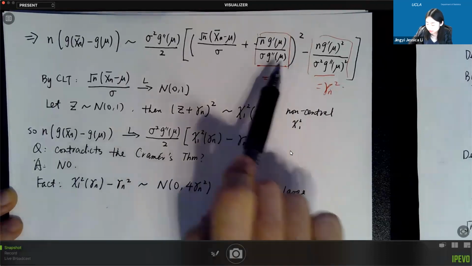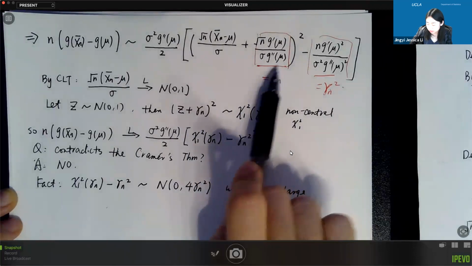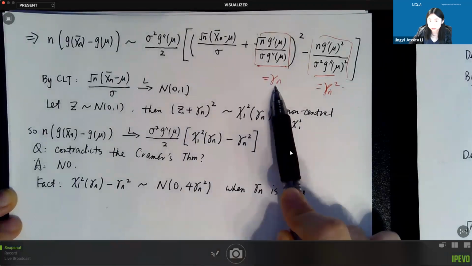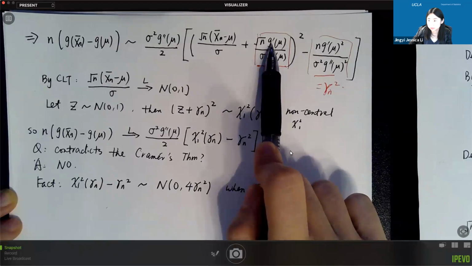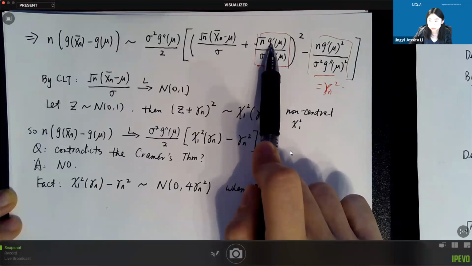So under what case would gamma n not be large? Looking at the formula of gamma n, when g prime mu is equal to 0. When it's equal to 0, you stay at 0.